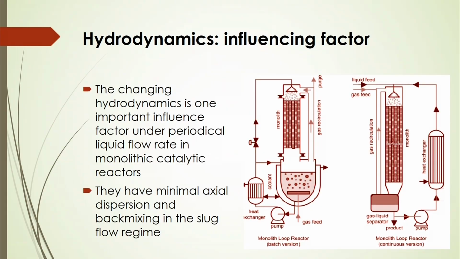Those things are of course important before installing a monolithic reactor in a particular industrial process. And what are the different factors that affect the hydrodynamics? They change based on the geometric shape of the monolithic structure, operating variables, and geometric variables, like whether it is a square shape microchannel, an oval shape microchannel, a rectangular shape microchannel, or other various types.